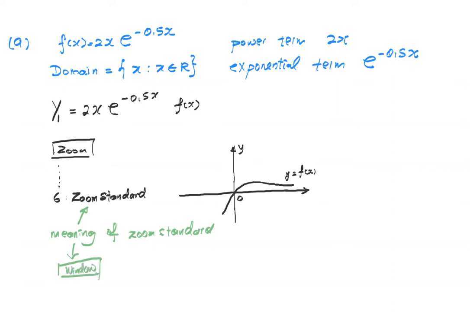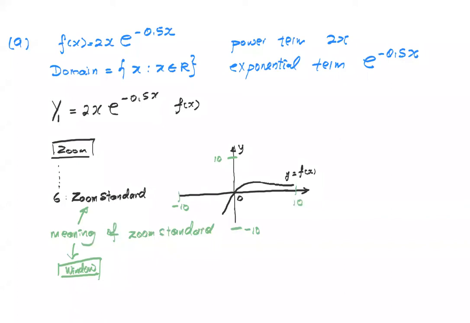Can you tell me what is the meaning of zoom standard? That means you are preparing a graph paper. The maximum value of y is 10. The minimum value of y is negative 10. The maximum value of x is 10. The minimum value of x is negative 10. So this is the meaning of zoom standard. That means when you press zoom standard, your calculator will only show the graph of that function within the area.